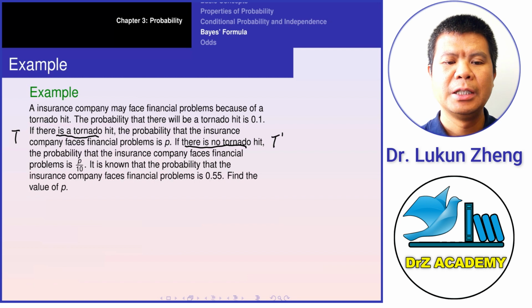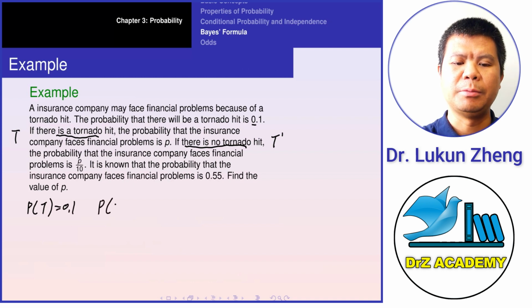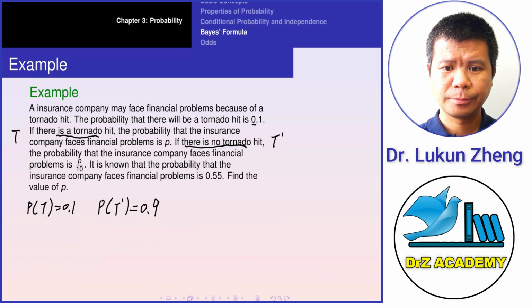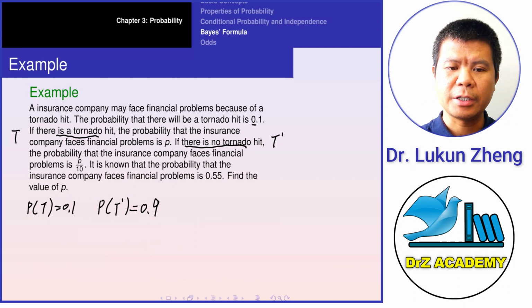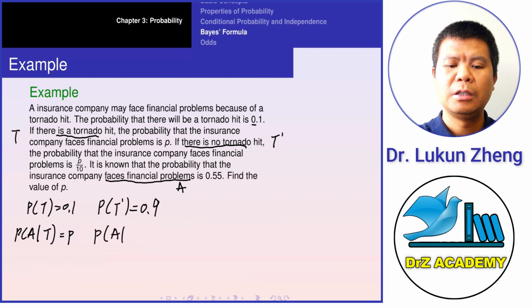We know the probability of a tornado hit is 0.1, so P of T is 0.1, and P of T complement is 1 minus 0.1, which is 0.9. Also, if there is a tornado hit, the probability of facing financial problems is P. Let's say the company facing financial problems is our event A. So P of A given tornado hit is P, and the probability of A given no tornado hit is P over 10.